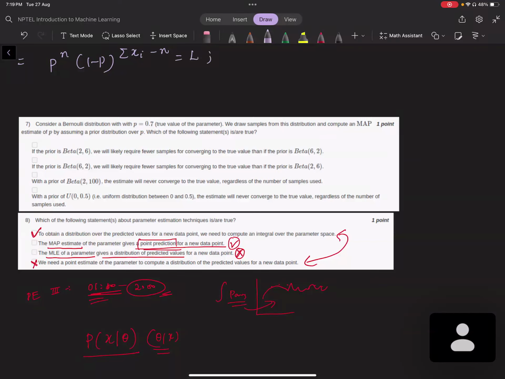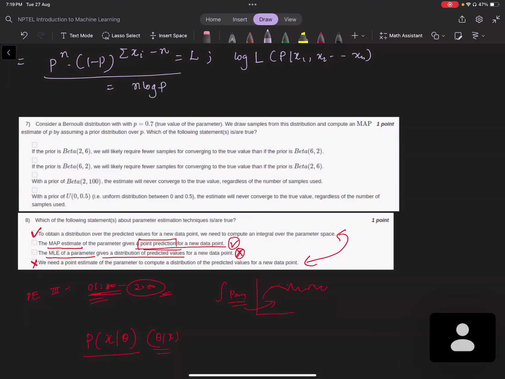The log likelihood is just taking the log of the likelihood function P given x1, x2, up to xn. You put log in here; with the log, multiplication becomes addition, and the exponent comes out.